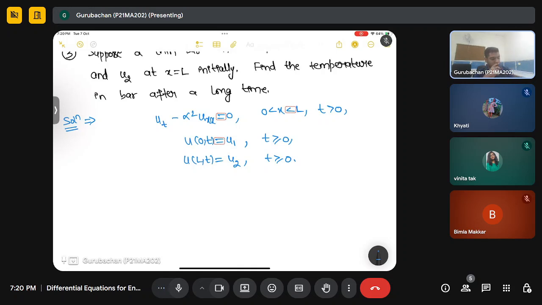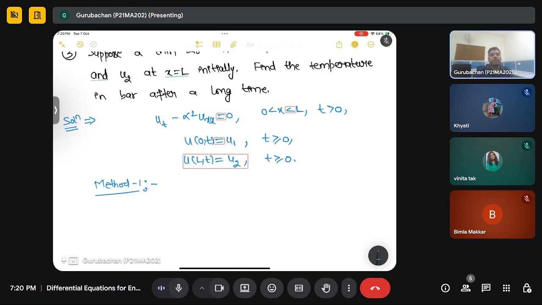The smarter way is to think like this. This is method 1. We want to discuss what the temperature will be after a long time.